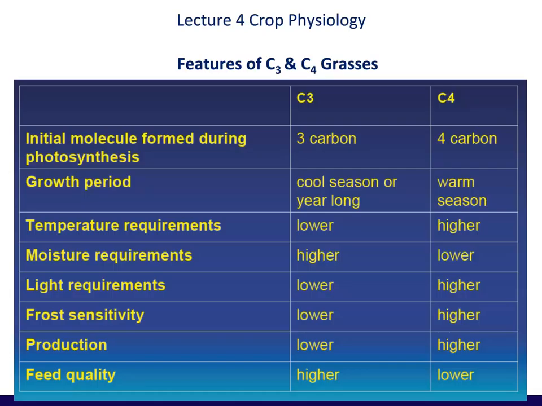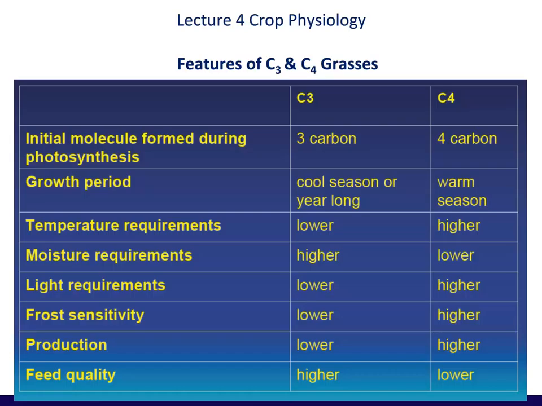in a C4 plant is a 4-carbon compound. The growing period of these plants is different. C3 plants tend to have cool season or year-long growth cycles, while C4 plants tend to grow in warm seasons.